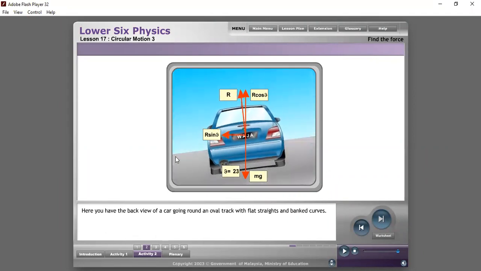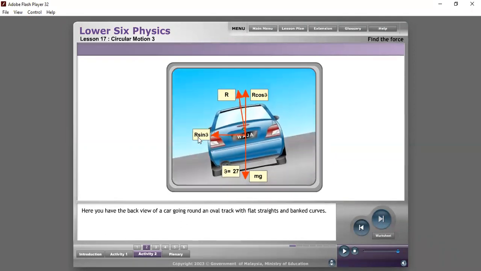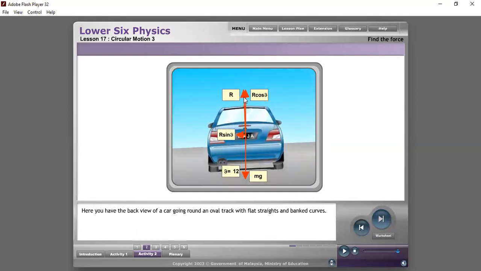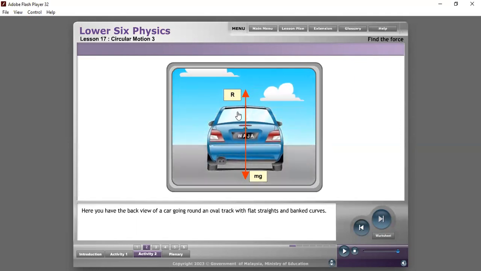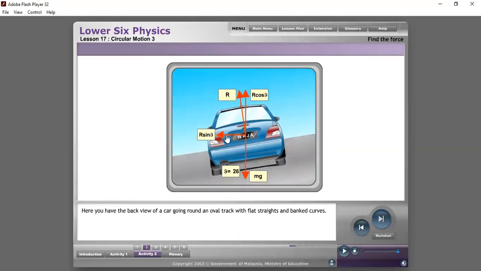If the surface of the road is inclined at any angle, it will have an R sin delta and also an R cos delta, where the normal reaction of the car will slightly shift. Okay, you see?